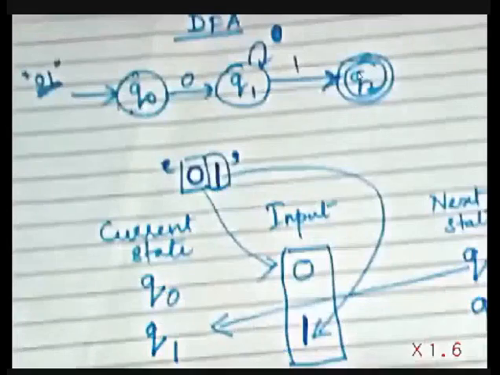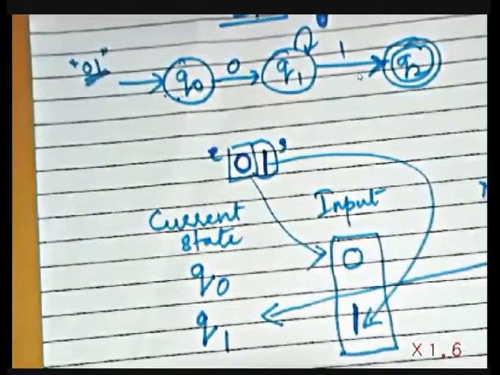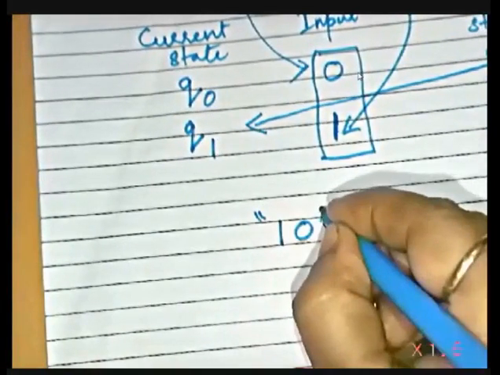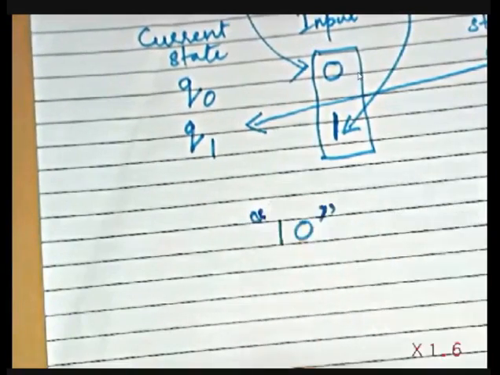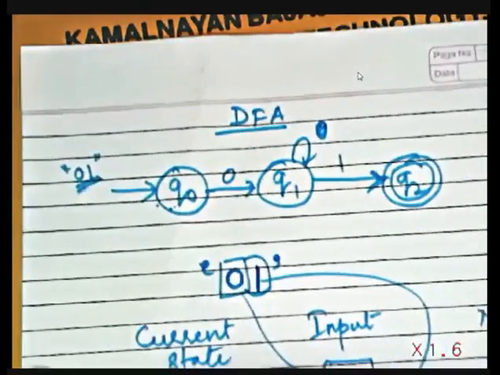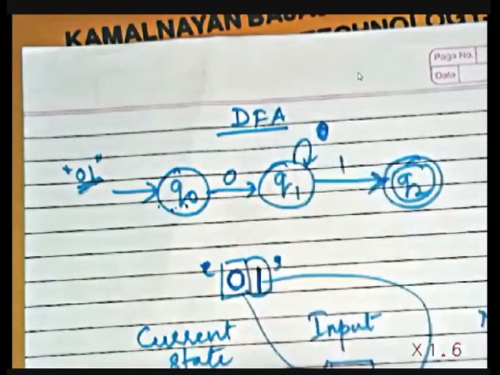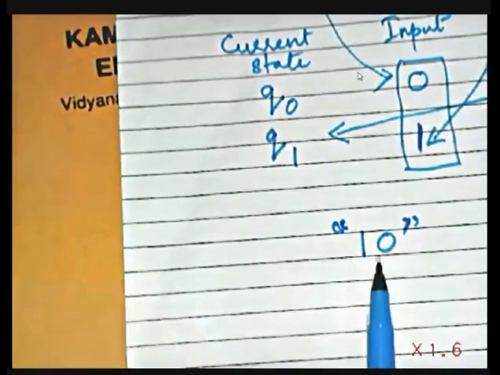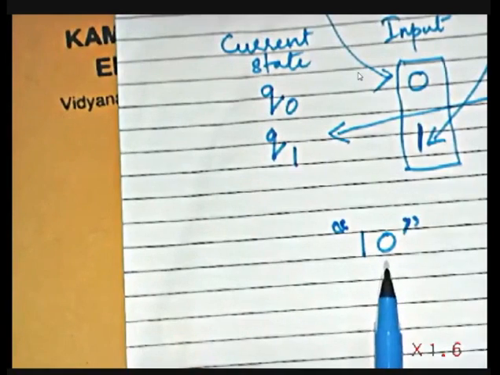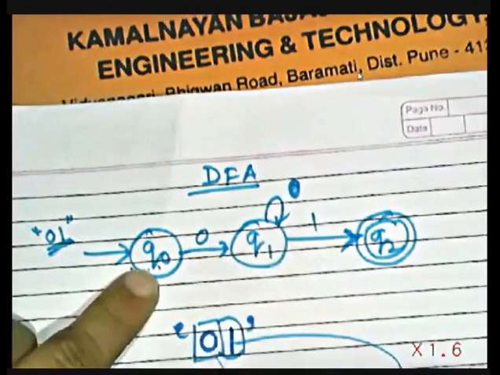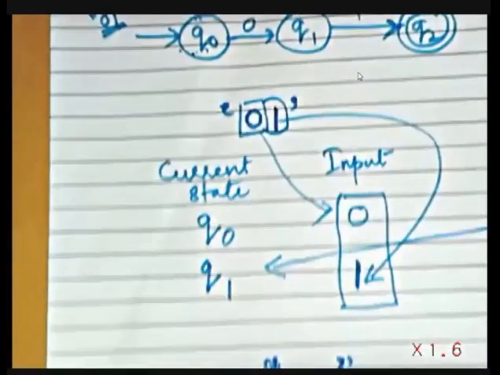Now I ask you, if I give input as 1, 0. Now my input is 1, 0. What will happen? Am I able to reach the final state from the initial state? Now again we will see this finite automata. Here what is happening? When I am in Q0, there is no path indicated in the total finite automata for what? On 1 where it should go. There are no transitions available from Q0 for the input 1, right?